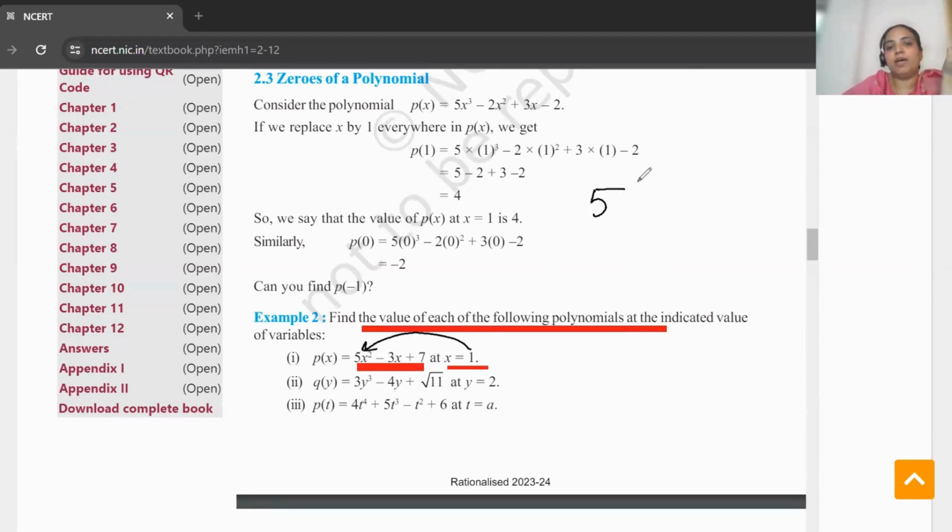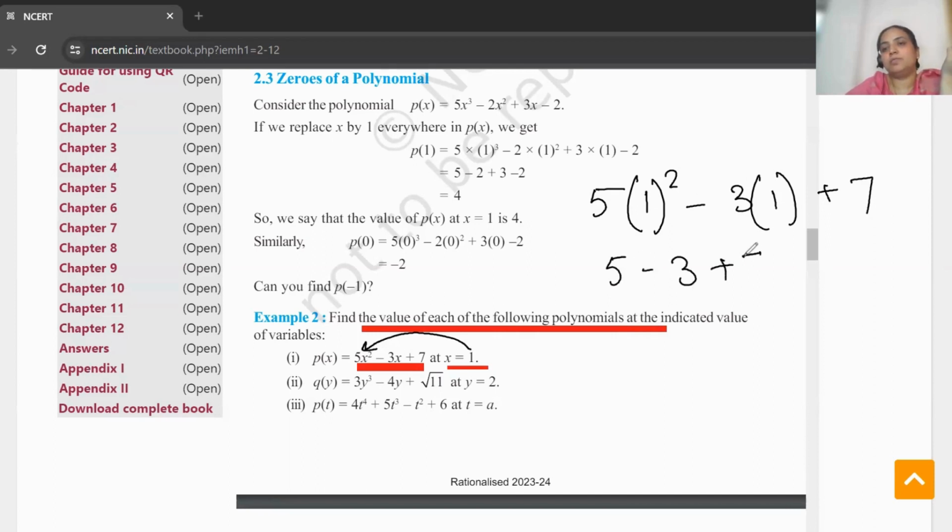So this will be 5 x square ki jagah 1 square minus 3 into 1 plus 7. So this will be 5 minus 3 plus 1 plus 7. So this is 12 minus 3, और किसी भी तरीके से आप इसे सॉल्व कर सकते थे जैसे आपको करना है. Understood, बच्चा? So this is the value of the complete polynomial beta, not the value of the variable.